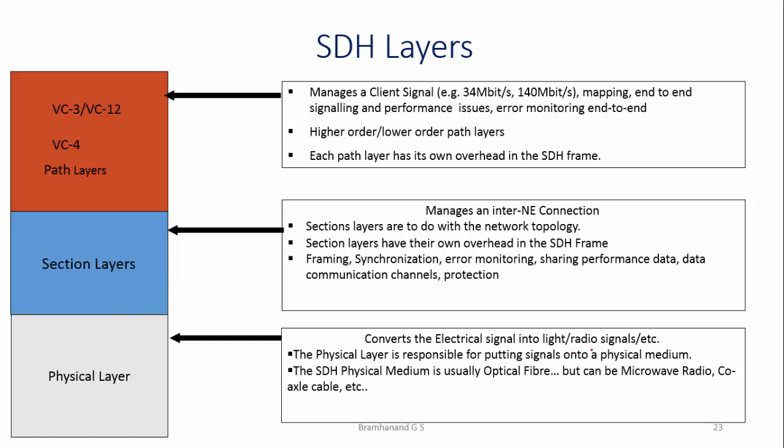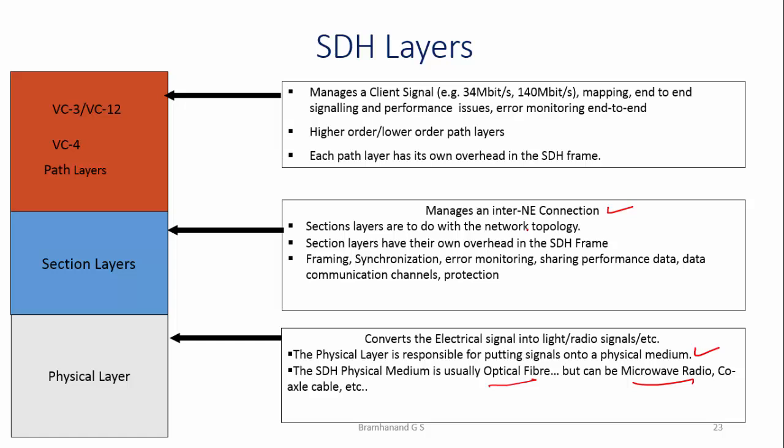So the physical layer is responsible for putting signals into a physical medium, which can be optical fiber or microwave radio. And the section layers, as we discussed, manage the inter-NE connection. It all depends on the network topology.